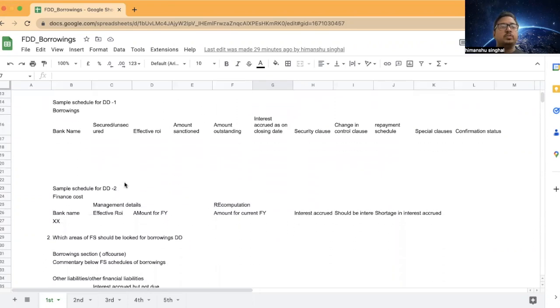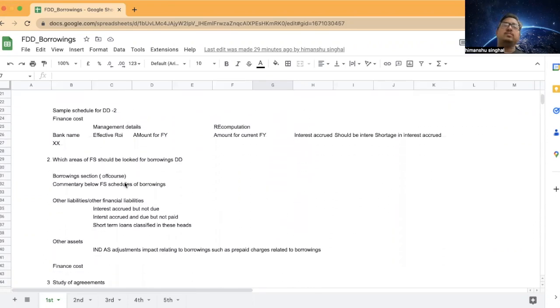So, what you should do is first see which areas of the financial statements you should look at. We'll start with the borrowing section, of course, and therein you need to see where your short-term borrowings and long-term borrowings are, and then see the commentary in the schedule below. Then you'll move to other liabilities or financial liabilities.